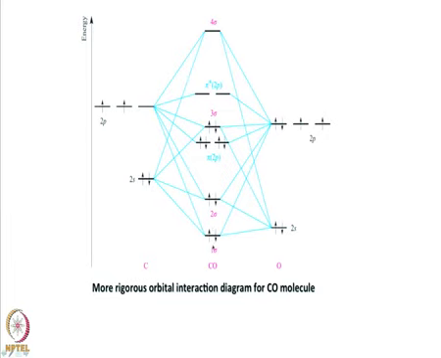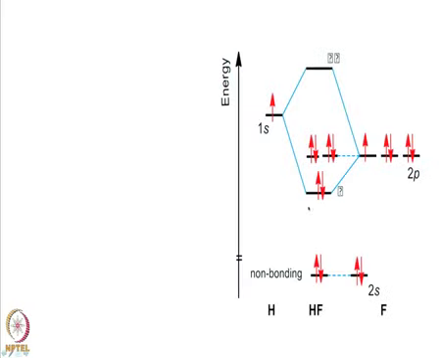So, now you can simply make these 2 sigma bonds and this is the pi bond. This is how the total of 6 plus 4 electrons we have can be arranged in this fashion, and this is for HF. In case of HF, you can see here this is essentially non-bonding, because 2s of F is not combining, this remains non-bonding.